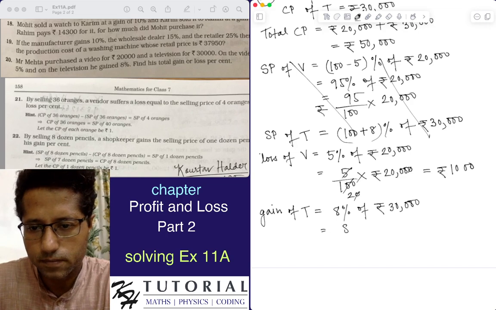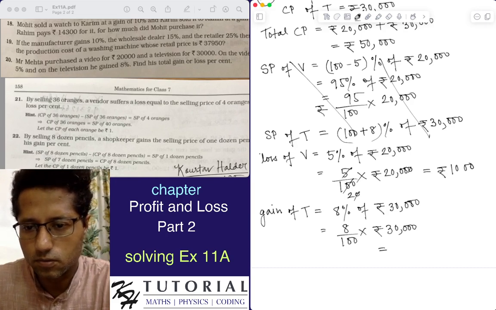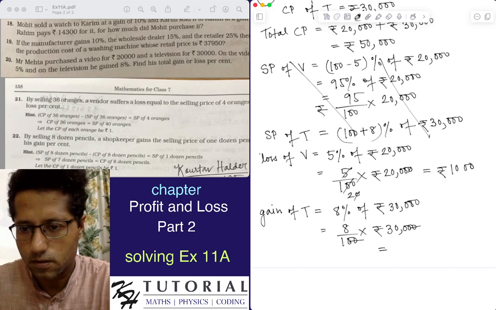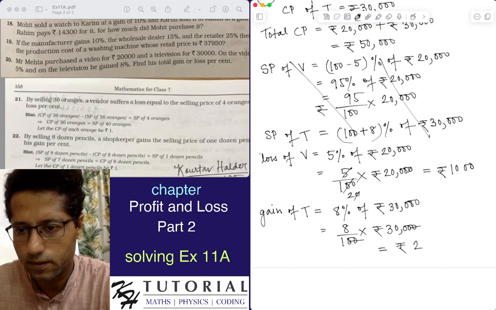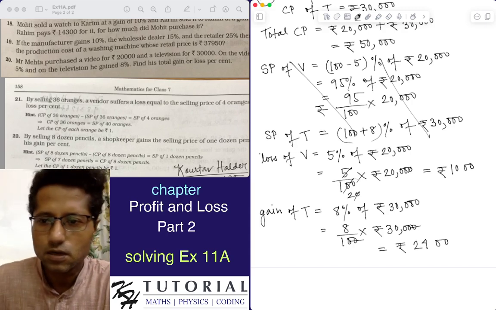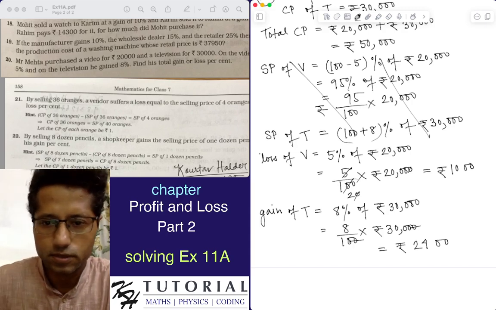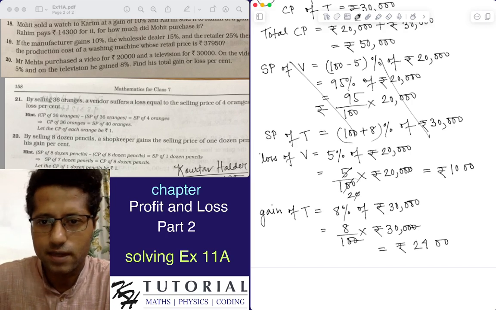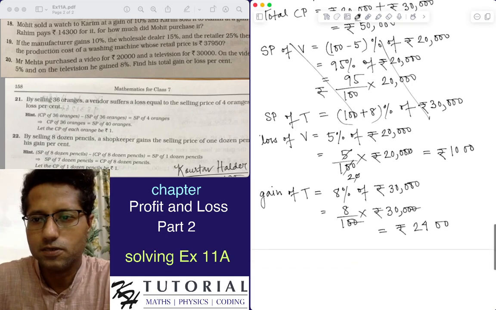This is equal to 8 by 100 multiplied by rupees 30,000, which equals, 20 cancels out, rupees 2400. So the gain on the television is rupees 2400 and the loss on the video is rupees 1000.